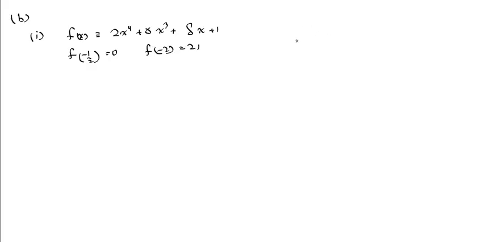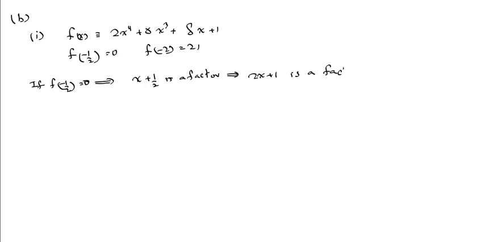If f(minus half) is 0, then x plus half is a factor, which implies that 2x plus 1 is a factor. That is one linear factor. Now you need to find gamma and delta.